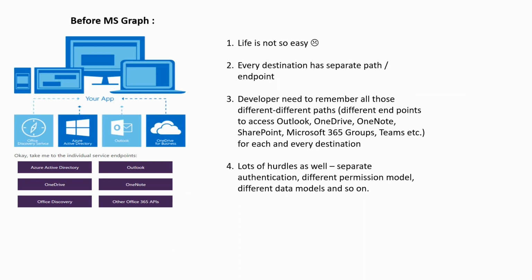Before going into the depth of Microsoft Graph, let's go back to some history. Suppose we need to find the number of group owners for each Microsoft 365 group. The Microsoft 365 group is a service that comes under Microsoft 365.